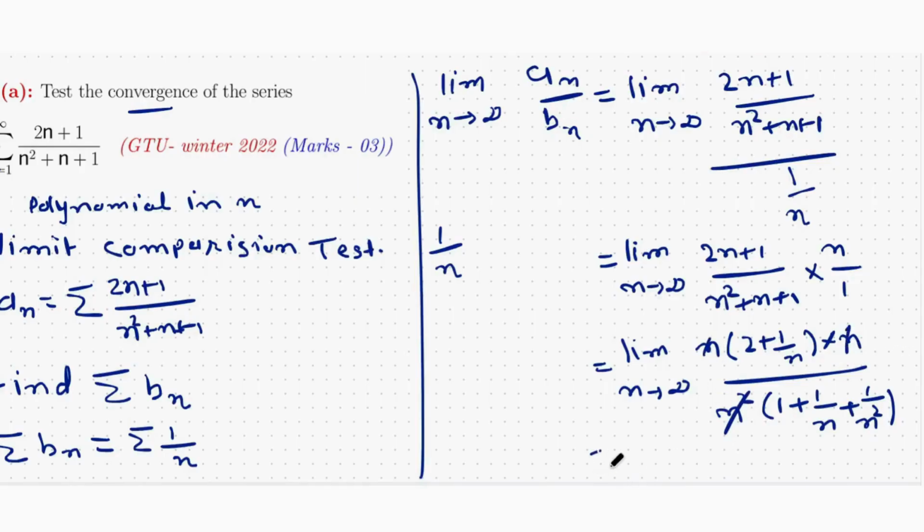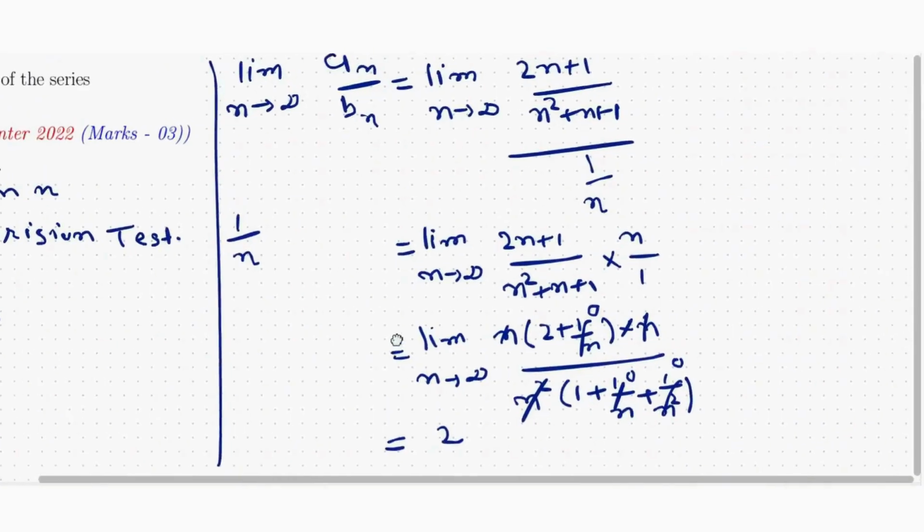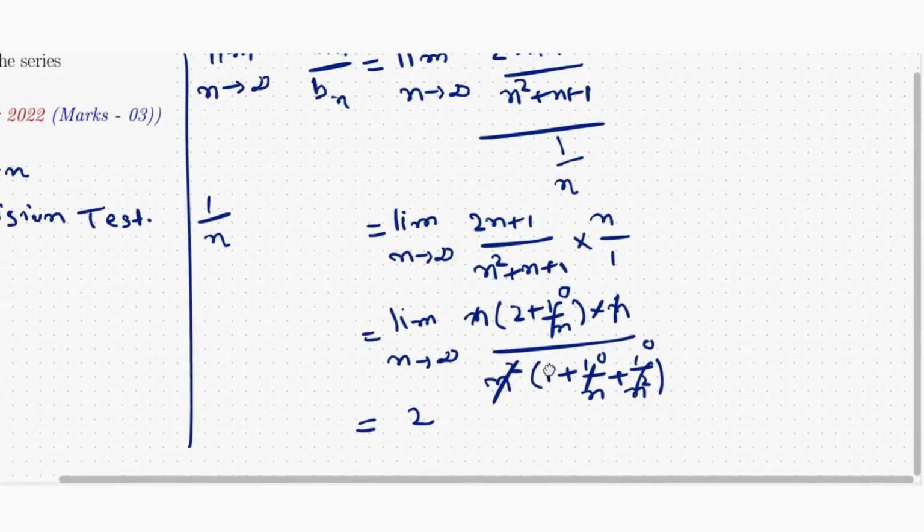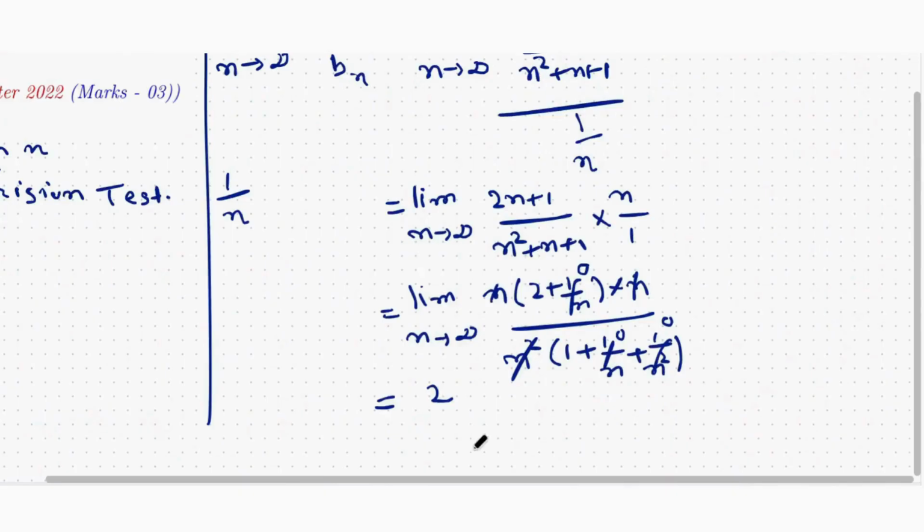Okay, now apply limit. So 1 upon n become what, all this quantity become 0. 1 upon infinity becomes 0. Okay, so what is the answer? Answer is 2. So now here what we get, this limit value is finite and non-zero answer.